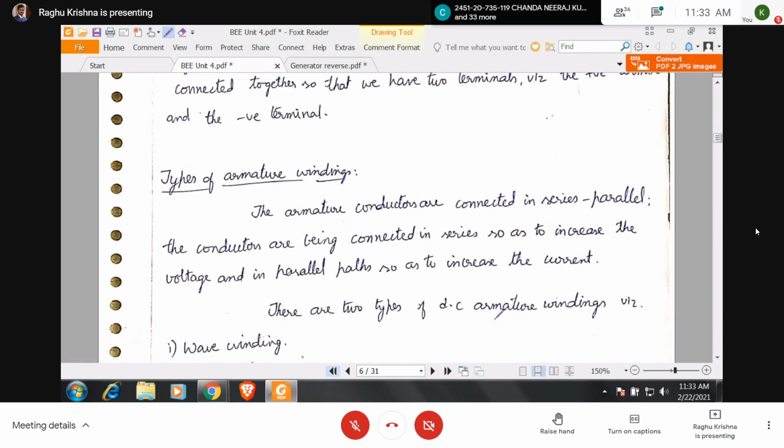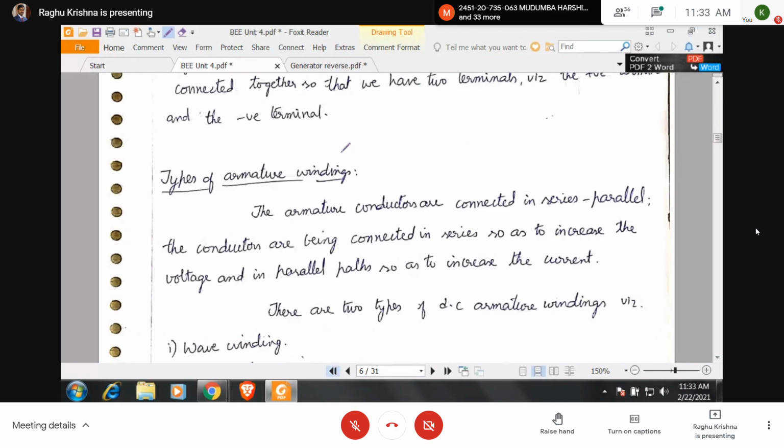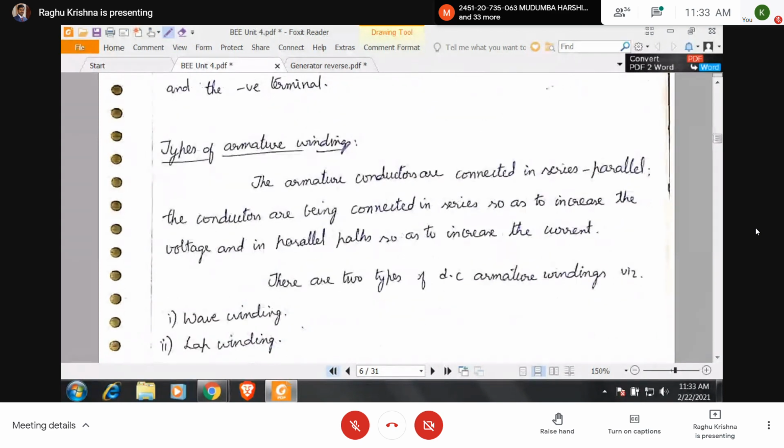We connect the brushes having the same polarities together, so that we have two terminals, the positive terminal and the negative terminal.